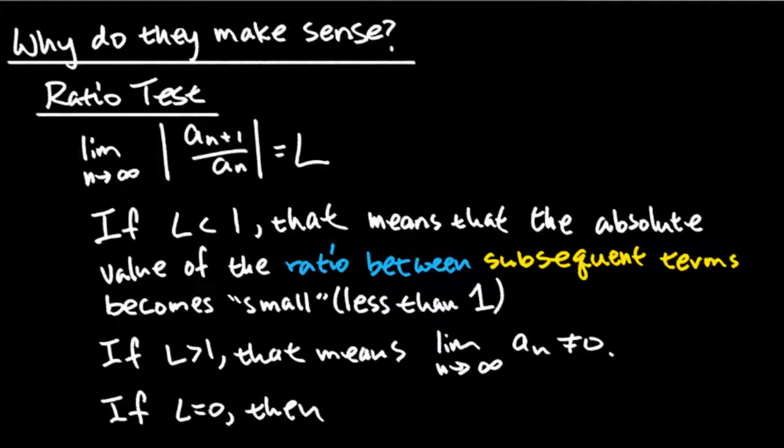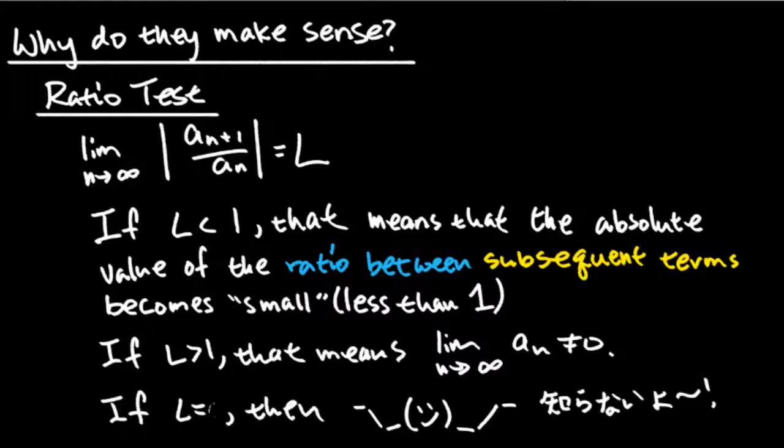And then if the limit is greater than 1, basically that means divergence test, this thing is going to get too big. And if it equals, why did I put 0? I meant 1. And if it equals 1, then, well, who knows? In other words, we've got to try something else. So this is generally a pretty powerful test, except when you don't know.